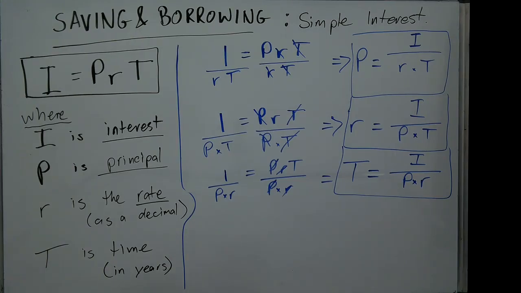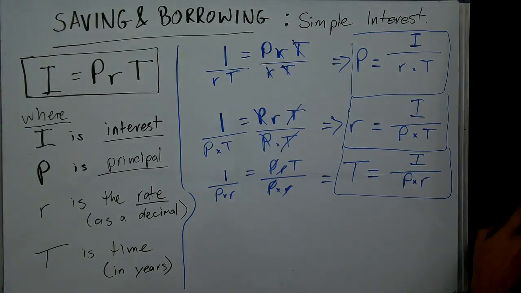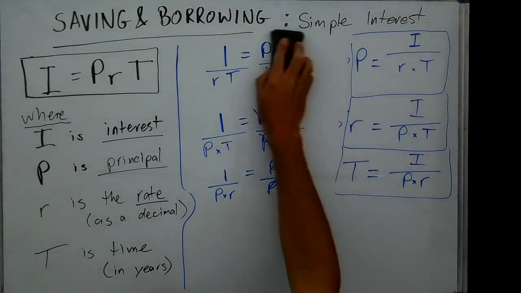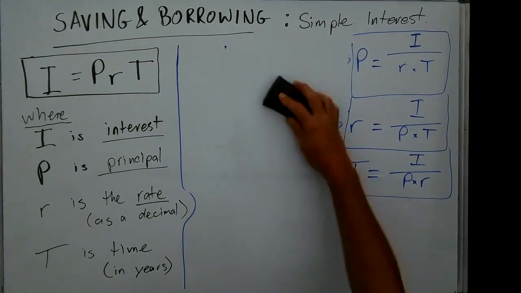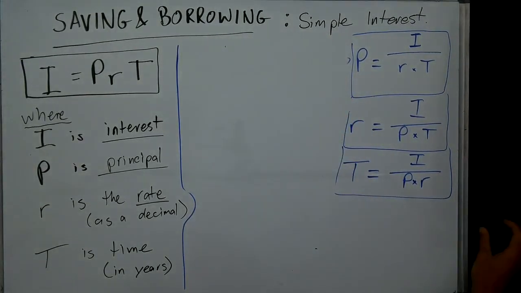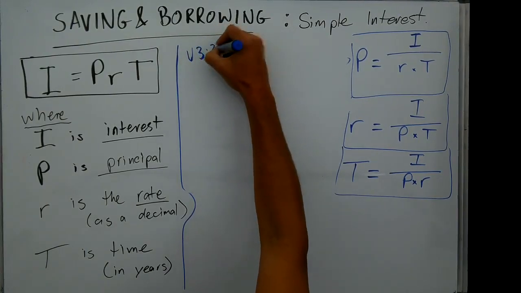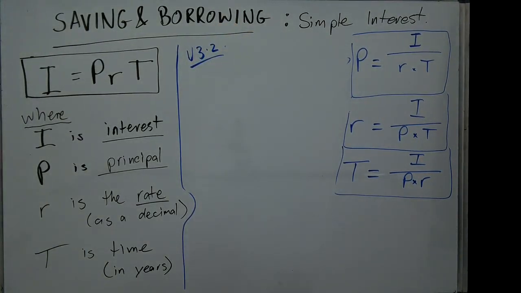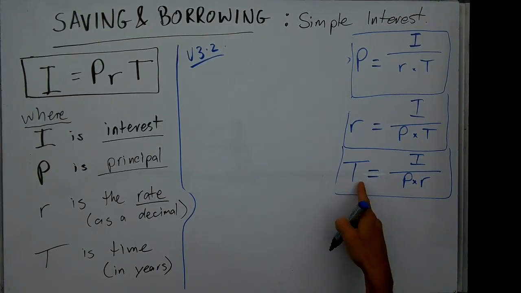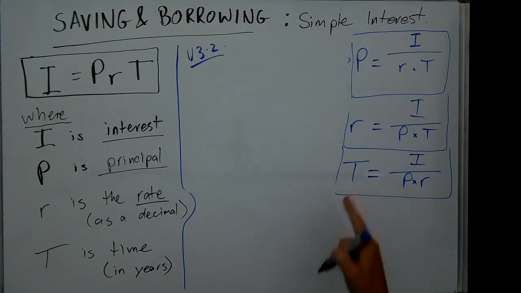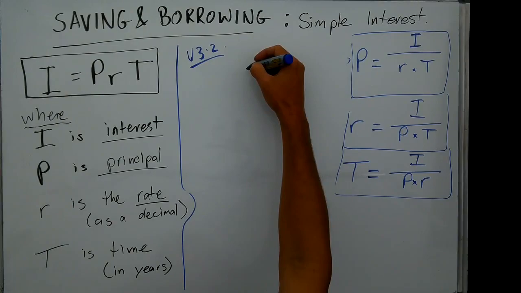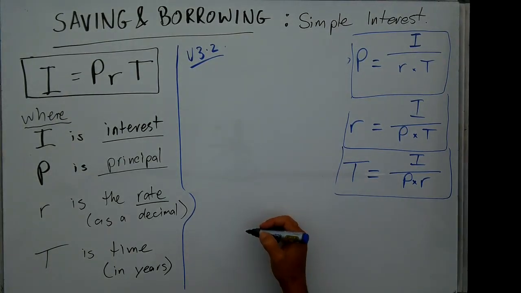Okay, so I've got a couple of examples that use these. I'm just going to rub out this bit here and try and squeeze these examples in. This will be 3.2. For how long in years, so we're trying to work out a time, must $1,250 be borrowed at 7% flat before the interest exceeds $400.